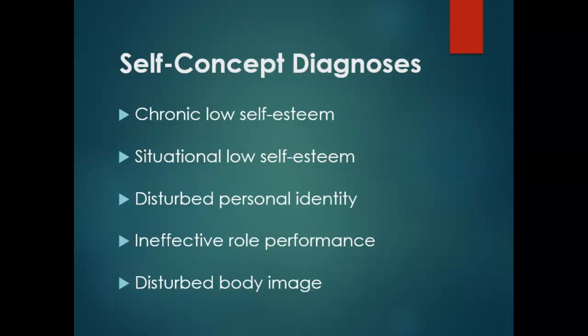Etiologies include distorted perceptions of self, such as occur in certain mental illnesses, loss of health, limb, physical appearance or functioning, or a dysfunctional family.